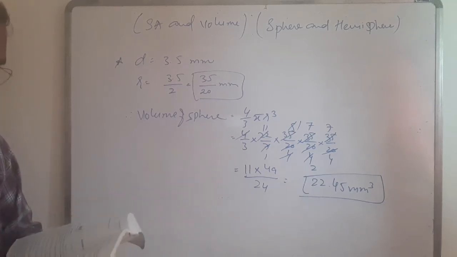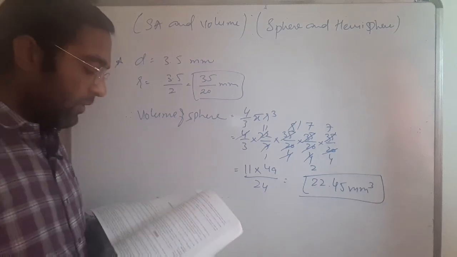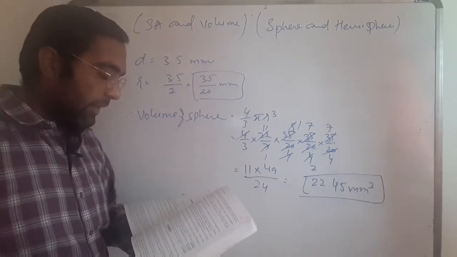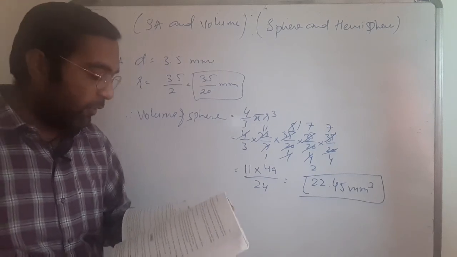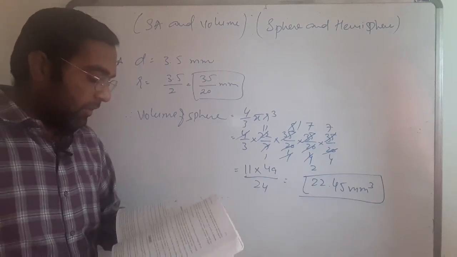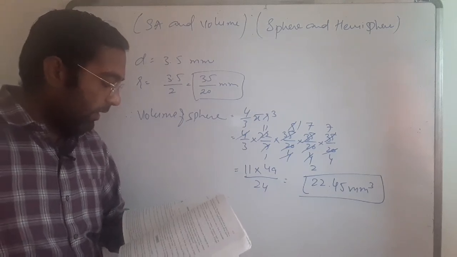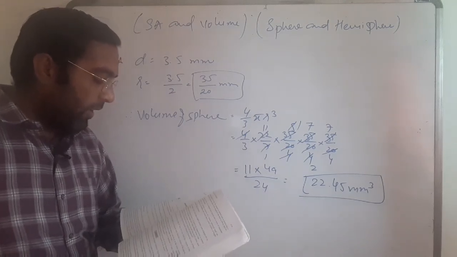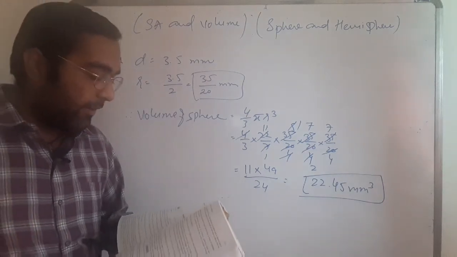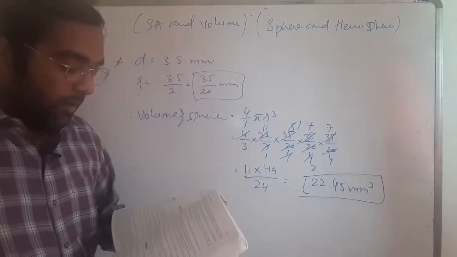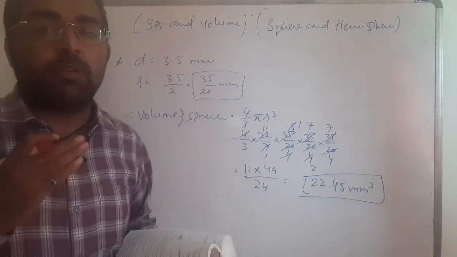Okay students, now we have to move to the last question, that is, the diameter of the moon is approximately 1/4 of the diameter of the earth. What is the fraction of the volume of the earth to the volume of the moon? The same kind of sum we have done in previous sessions. Okay, so students, note down this question for your homework, as we have already done the same kind of question in previous sessions.